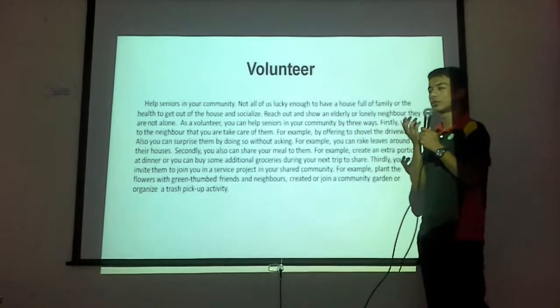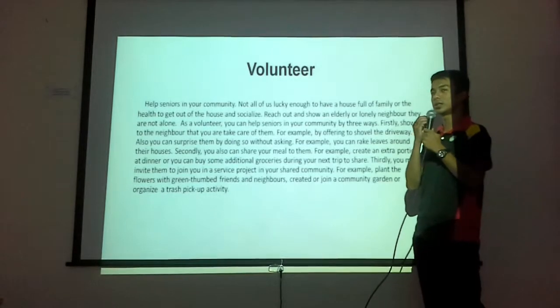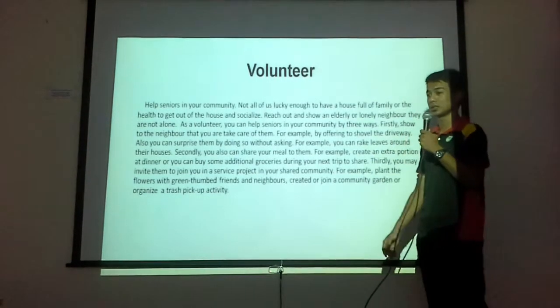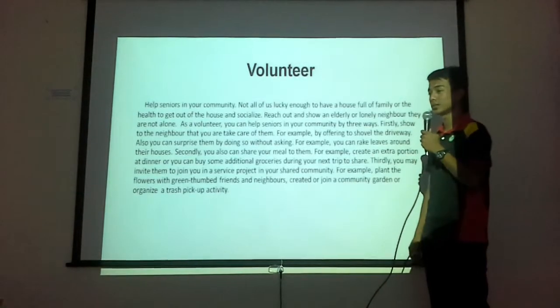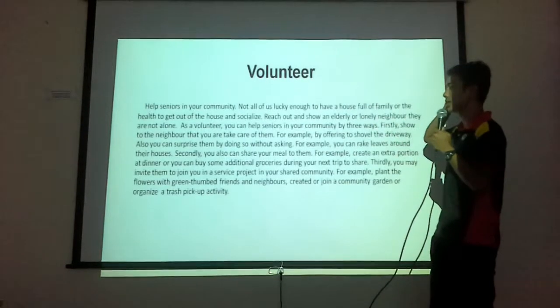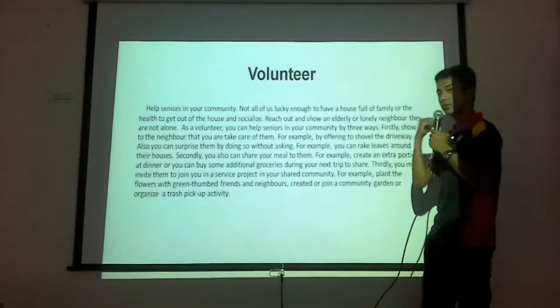Outline is useful. It's a guideline for me before I write the sentences in my writing. So it's about volunteer. And then let's move to the next slide.